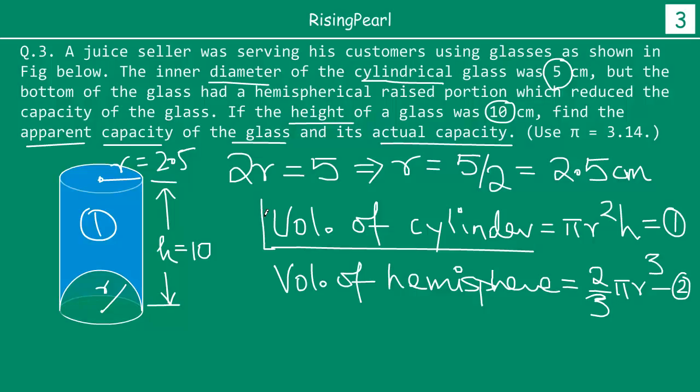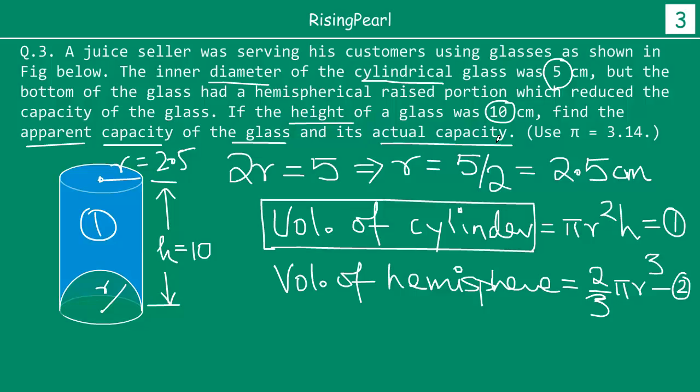Because this is raised from inside, if you look from outside, you're just going to see the curved surface. So from outside, which is the apparent capacity, visible to the common eye, you will think the capacity is the volume of the cylinder. So if you substitute R equals 2.5 and H equals 10, you will find the volume, which is the apparent capacity of the glass.